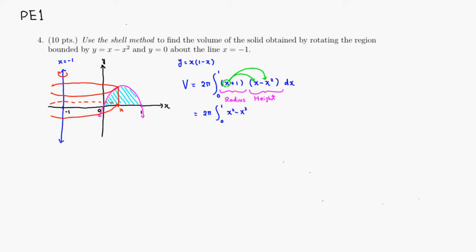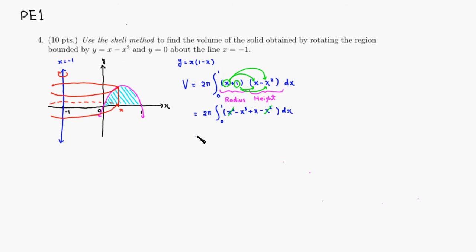Then we distribute 1 to x and the -x squared. So it's going to be plus x minus x squared, and this is with respect to x. So we can cancel the x squared and the minus x squared.